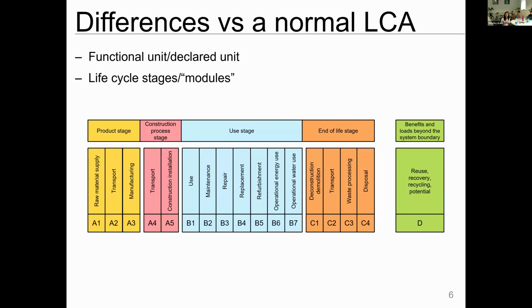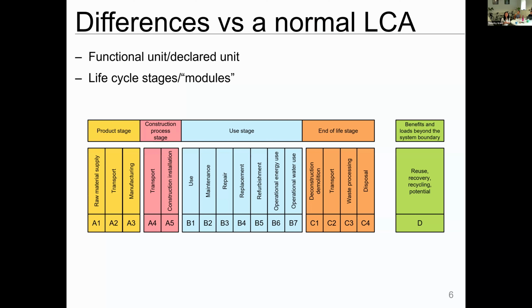And this is how the results are declared in EPDs as well. So you won't see one result for the whole product over its life cycle like you might for an LCA. You'll see results for A4 specifically, B1, B2, etc. Usually A1 to A3 are grouped, but the rest have to be segregated and in their own category.